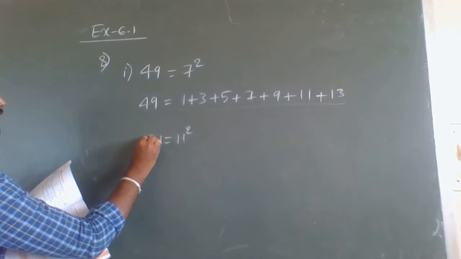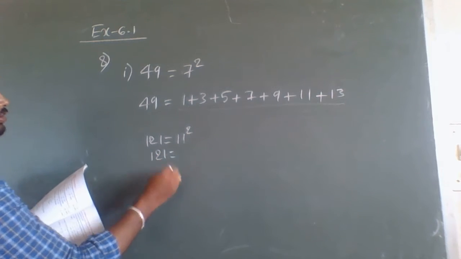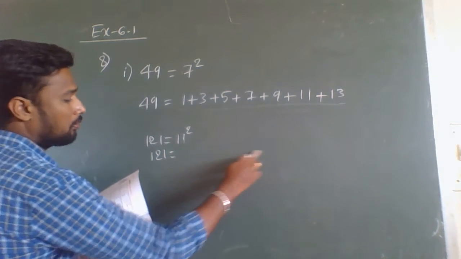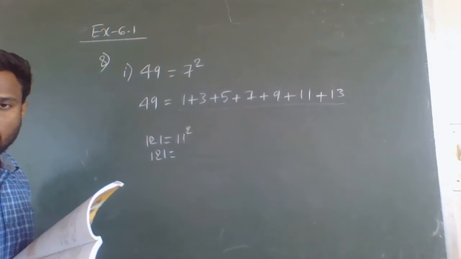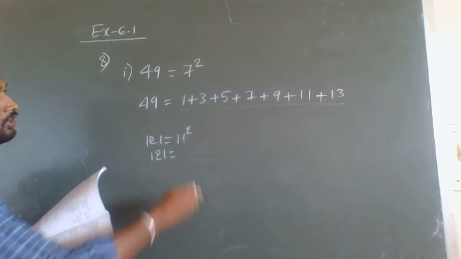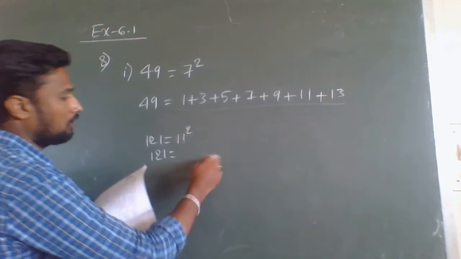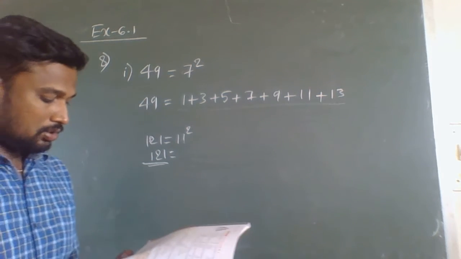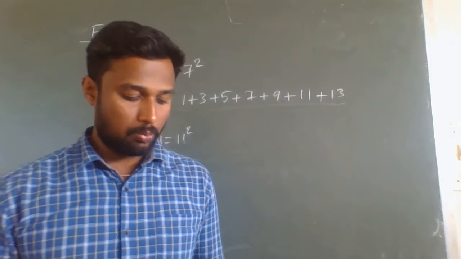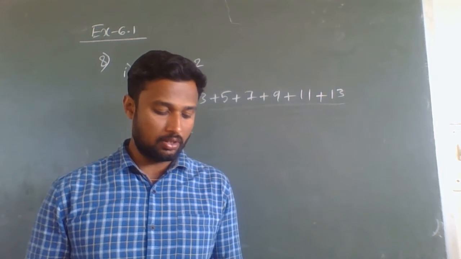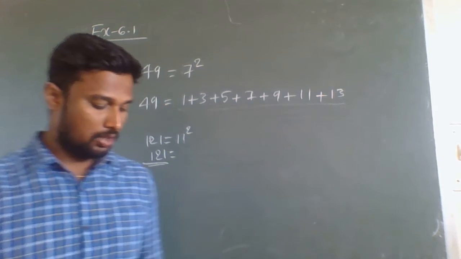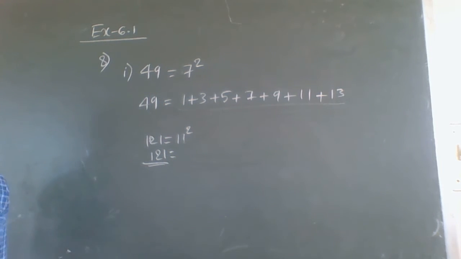So you should write 11 odd numbers starting from 1. Then you check: add all the 11 odd numbers, and the sum will be 121. So try to solve this second problem. Okay, so now I will discuss the next one, 9th question.